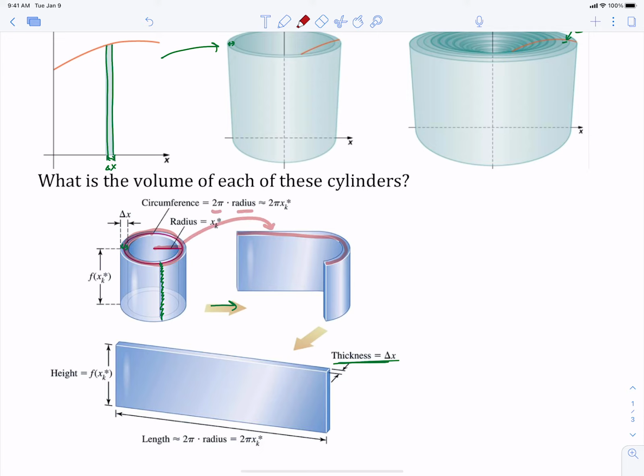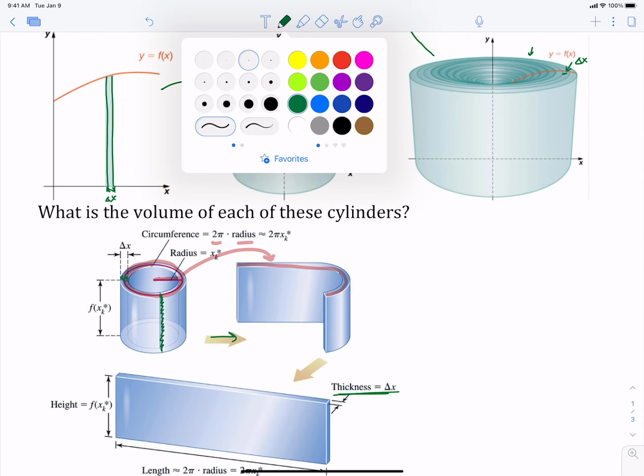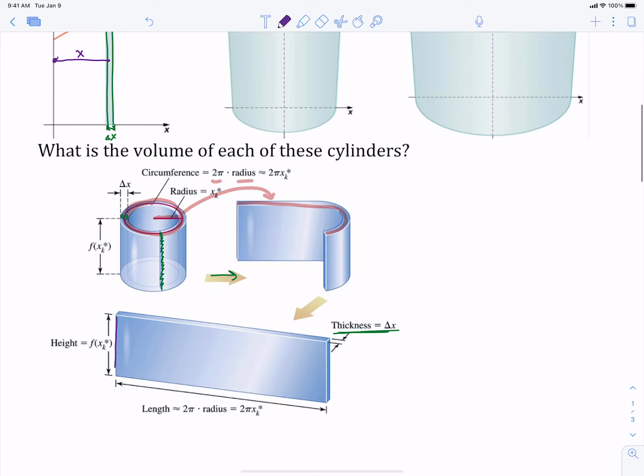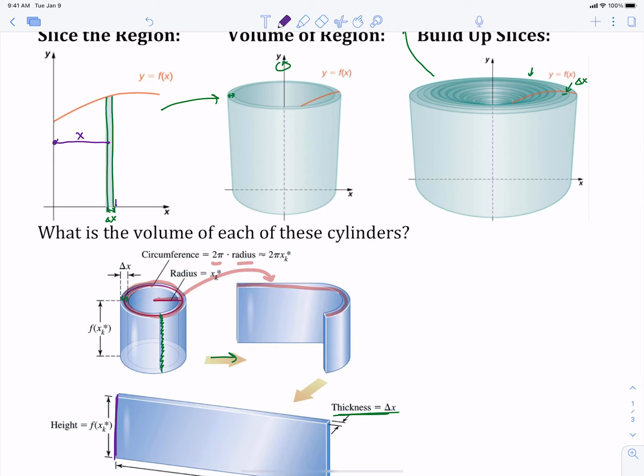So we get 2 pi times that radius. And that radius, where we're going to get that, if we go back up to our picture, the radius is from here at the y-axis out to our strip there. And so that's x. And then we need the height, so how tall this cylinder is. And again, our height up here, we look at where we got that strip, that's our f of x, that's the output.